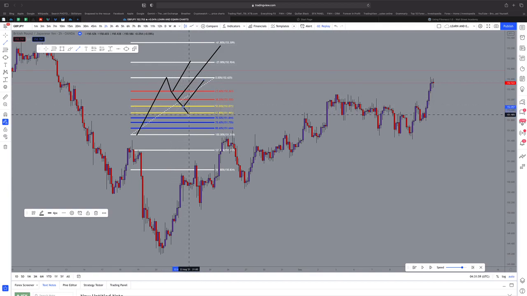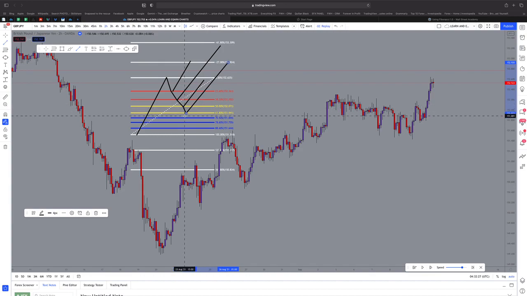Then we have 61.8. 61.8 is the second most aggressive market structure level. In an uptrend, it's also known as the floor of your golden zone, which we'll go over later. And when price comes here, it could go up like this, right?